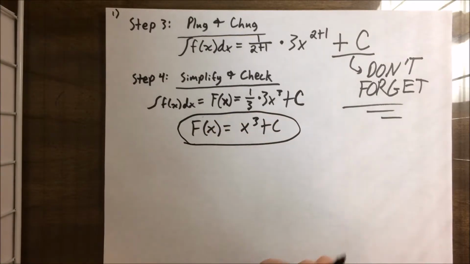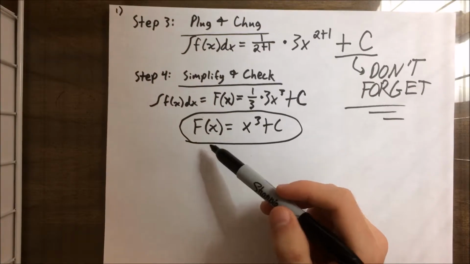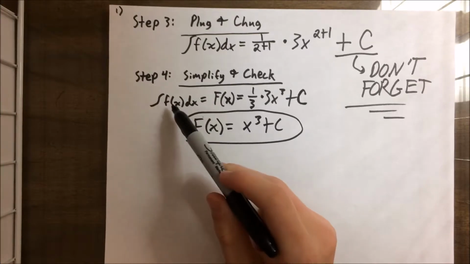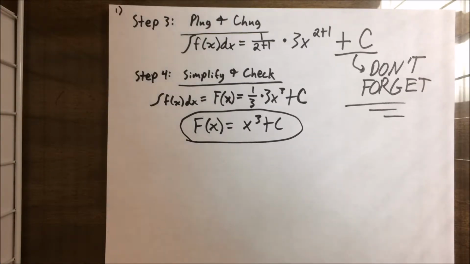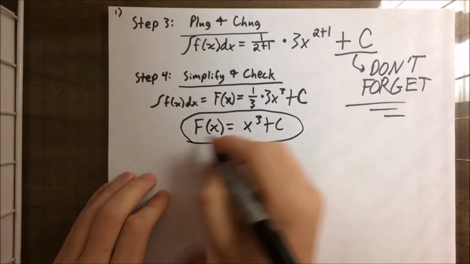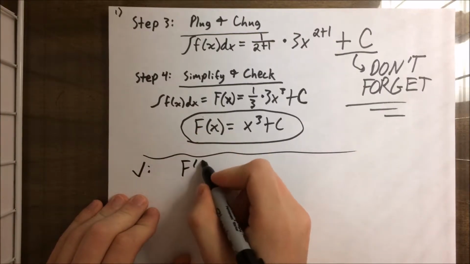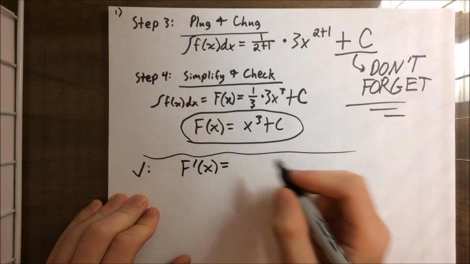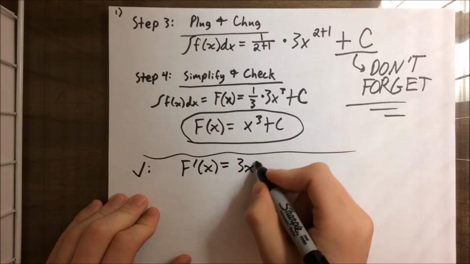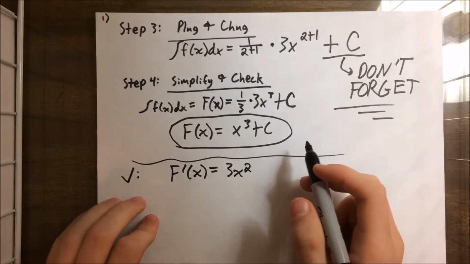Alright, now let's check our work. We can check our work by taking the derivative of this, and if we get this function right there, the lowercase f of x, our starting function, then we got it right. So let's check our work. F prime of x is equal to 3x squared, and the plus c goes to 0 since it's a constant.